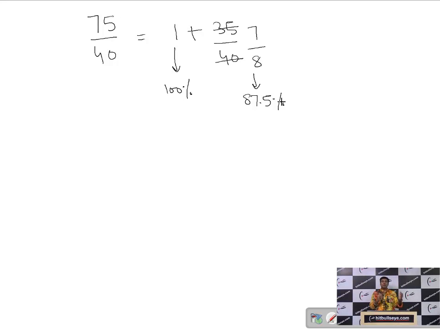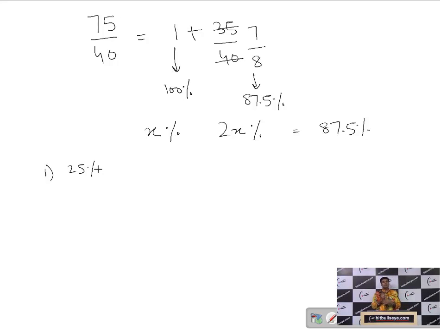So here we come to the conclusion, after 2 successive raises in which the second rise is twice of the first, say the first rise was x%, then the second rise was 2x%, that is twice of the first. So then the successive effect is 87.5%.